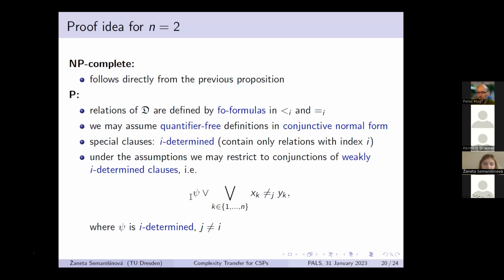They have an i-determined component, and then in the rest of the clause, there could be attached a couple of disequalities that talk about the other coordinate. So it's not a completely wild situation, but also it's not directly clear what one could do with it.